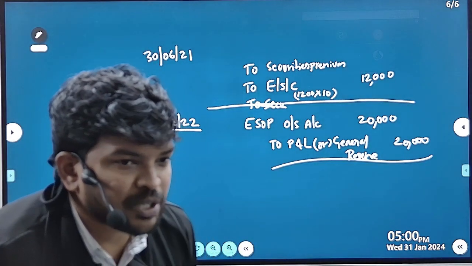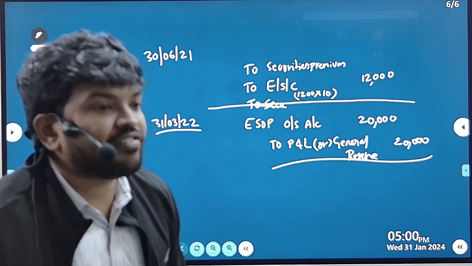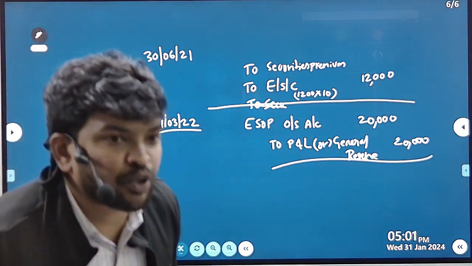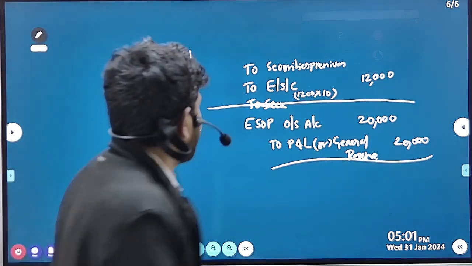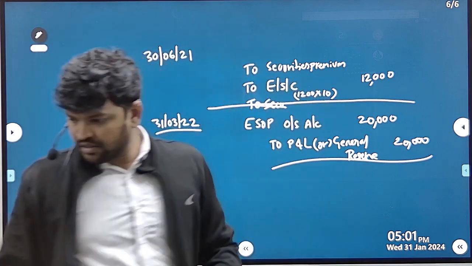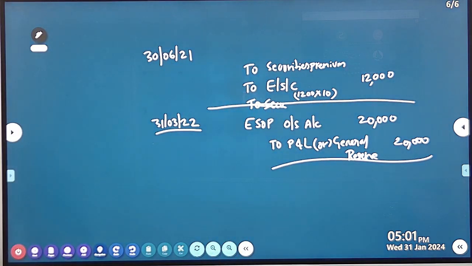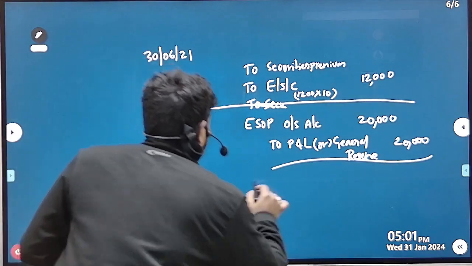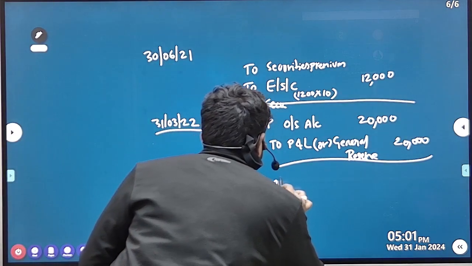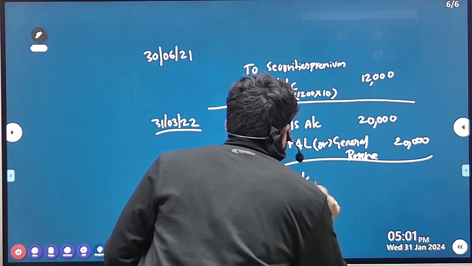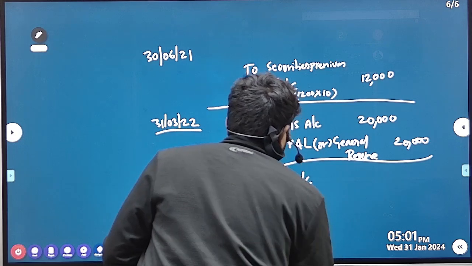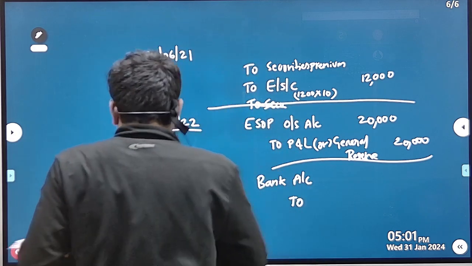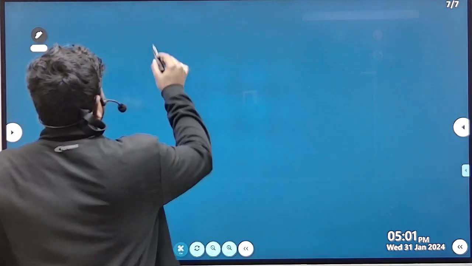Issue price is how much? 50 rupees. Yes or no? 50 rupees. Bank account debit. I'll take this in the next page.